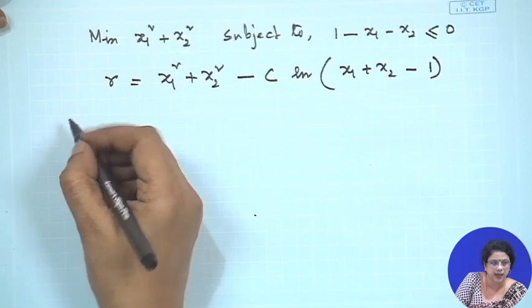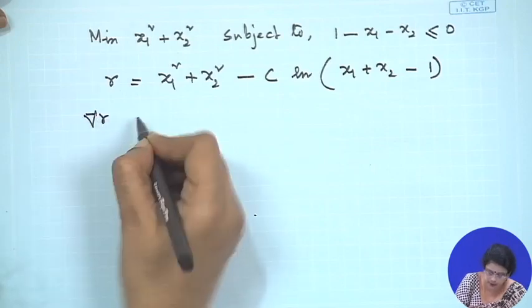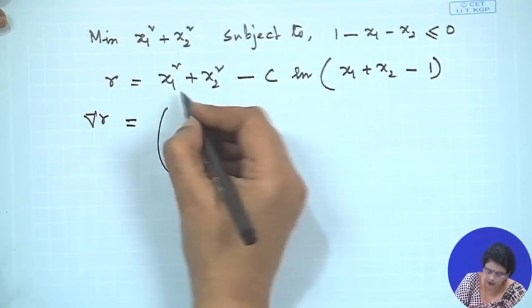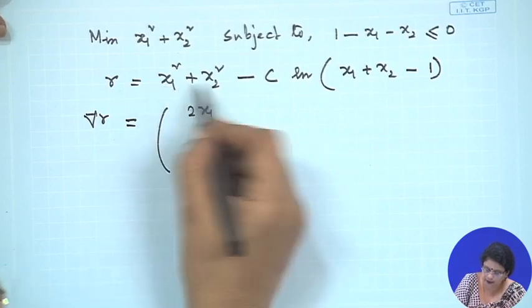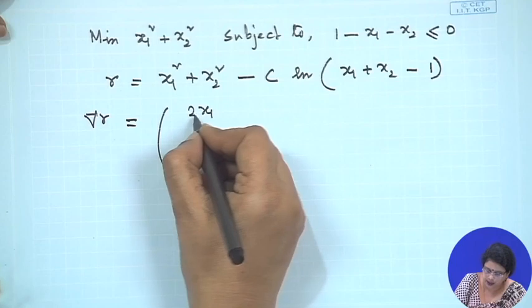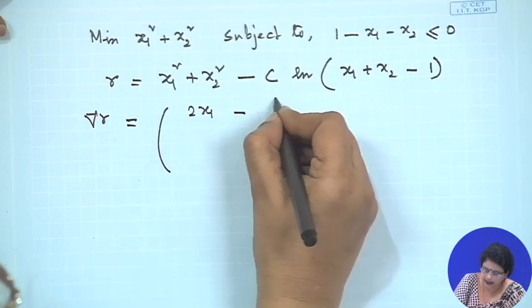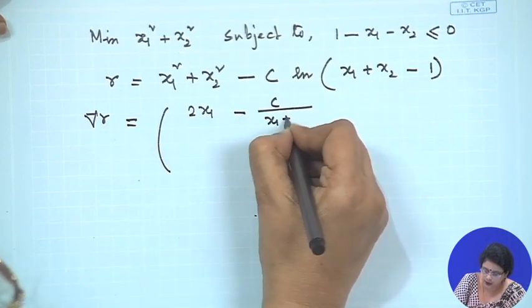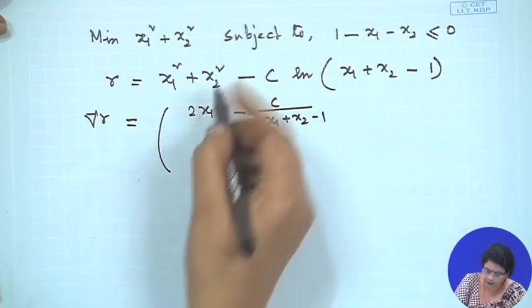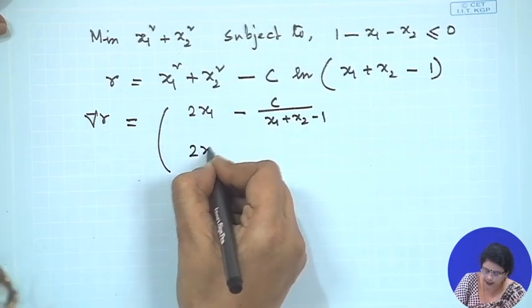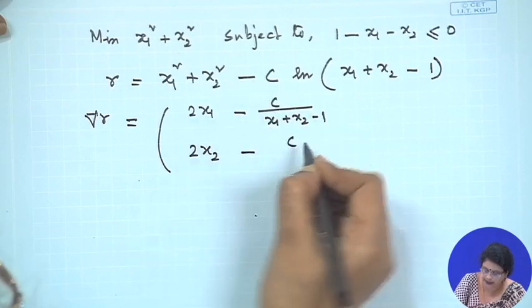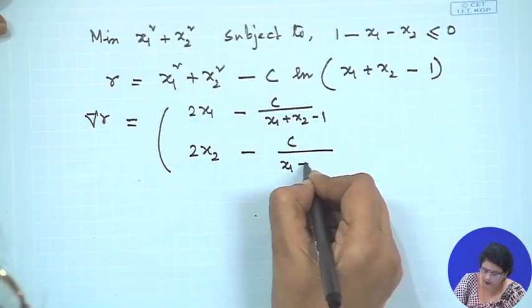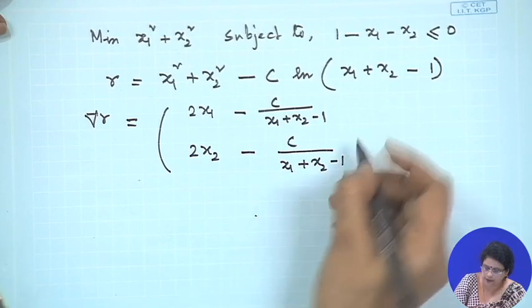All right. Consider the grad of r. If I differentiate with respect to x1, grad of r would be 2x1 minus c divided by x1 plus x2 minus 1. And if I partially differentiate with respect to x2, this is equal to minus c divided by x1 plus x2 minus 1.